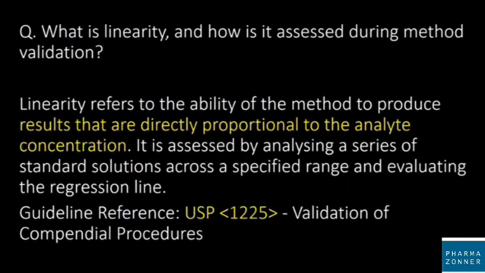What is linearity and how is it assessed during method validation? Linearity refers to the ability of the method to produce results that are directly proportional to the analyte concentration. It is assessed by analyzing a series of standard solutions across a specified range and evaluating the regression line. Guideline reference USP Chapter 1225.